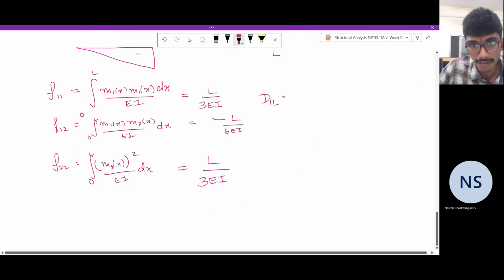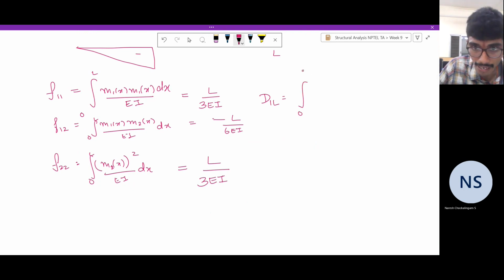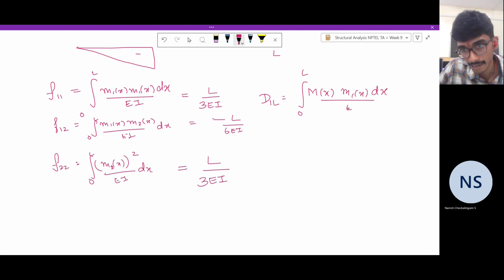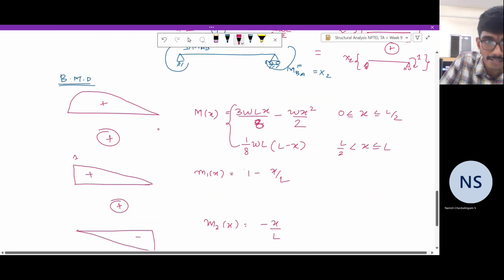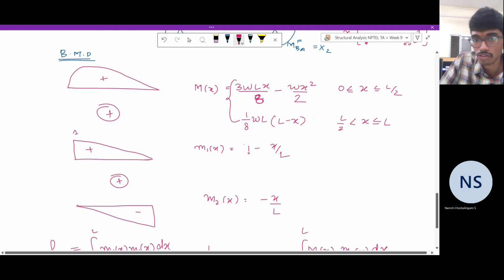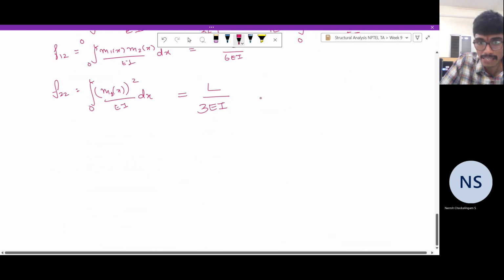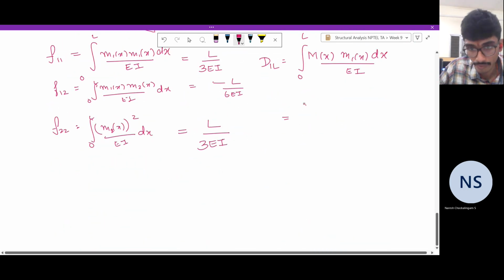So what is D1L? D1L is integral 0 to L capital M of x, M1 of x dx by EI. But note that capital M of x has got two different definitions in the two halves of this span. So you need to split the integral from 0 to L by 2.